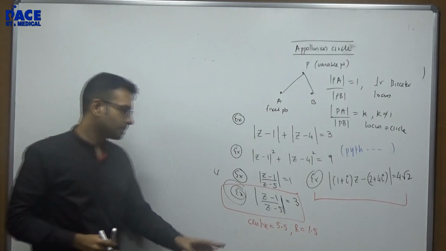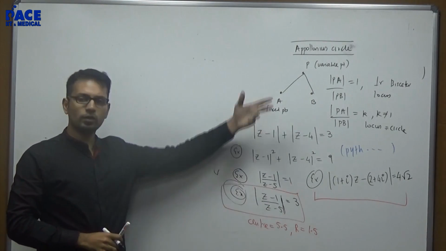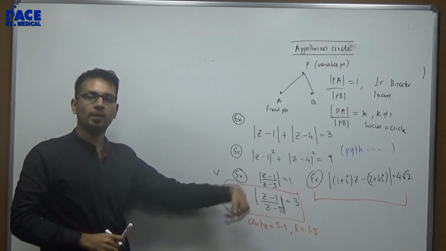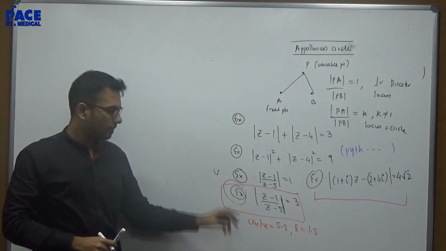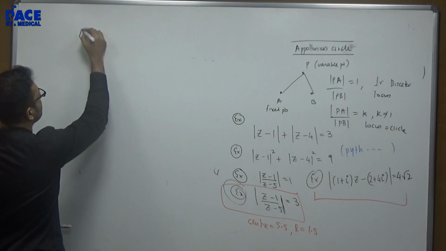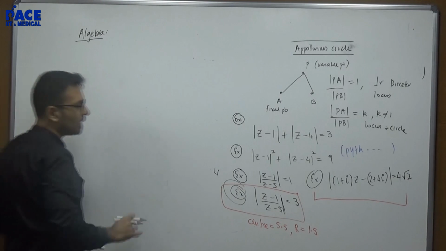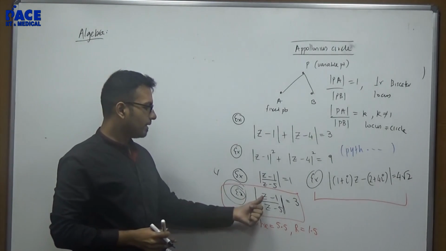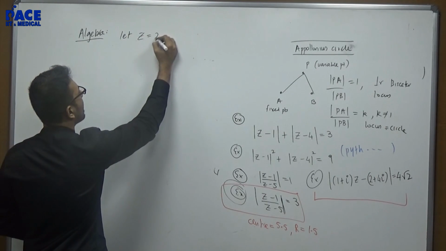Now, देखो, for those of you who do not want to learn, I can do this question in two ways, either by geometry or by algebra. So how do I do it by algebra first? देखो, simply what you do is, in this Z, we say let Z be x plus iy.